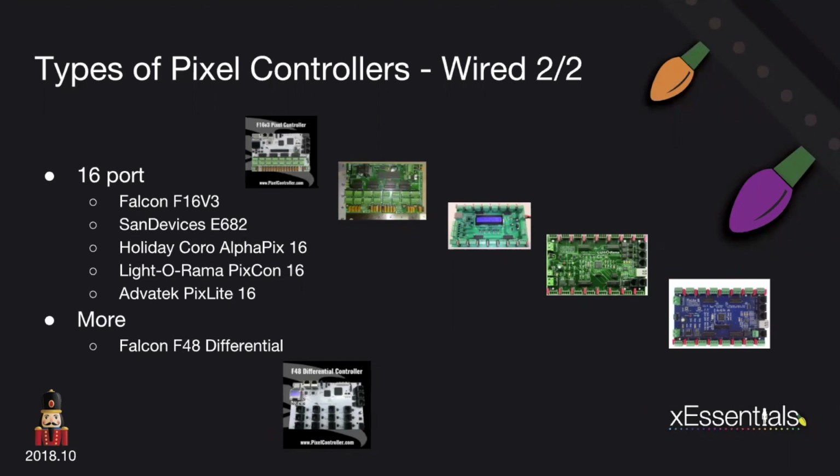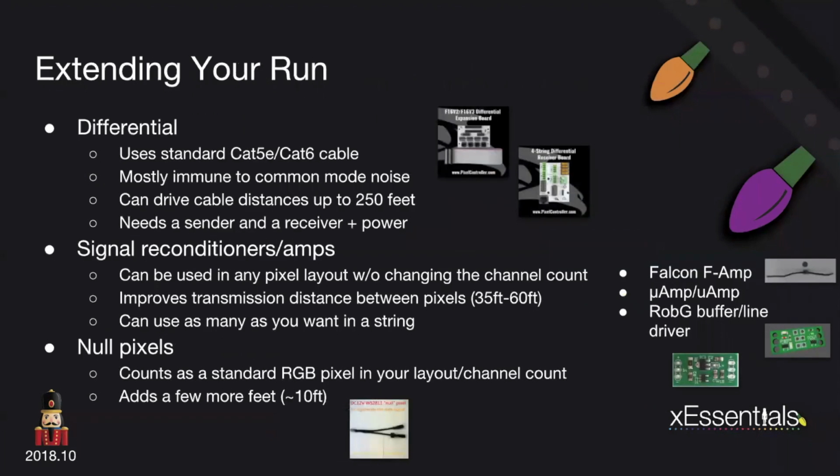And speaking to that a little more, is extending your run. This is something to think about when you're selecting a controller and potentially selecting your wire and other aspects of your show. Most of the controllers will have the built-in 3 or 4 port pixel ports. They'll be able to drive on the order of 20 to 45 or maybe more feet directly from the pixel ports. Most folks use 3-core wire of one type or another.